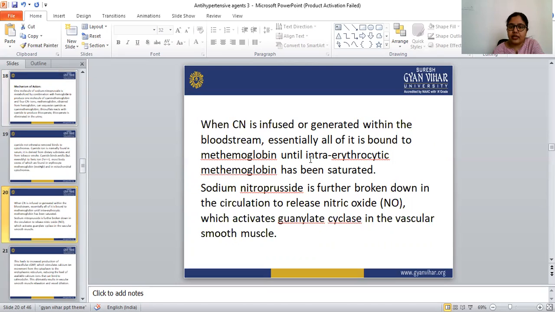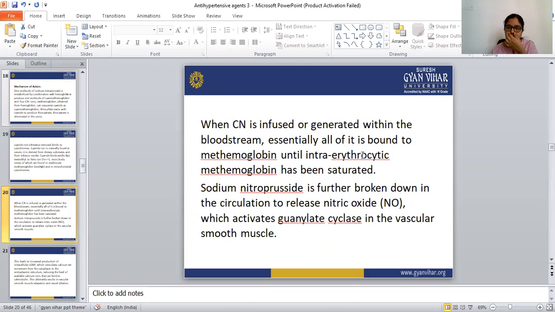Sodium nitroprusside is further broken down in circulation to release nitric oxide. So what does sodium nitroprusside do? One molecule binds with the hemoglobin to produce cyanomethemoglobin, and another molecule of sodium nitroprusside further breaks down in the circulation to release nitric oxide.